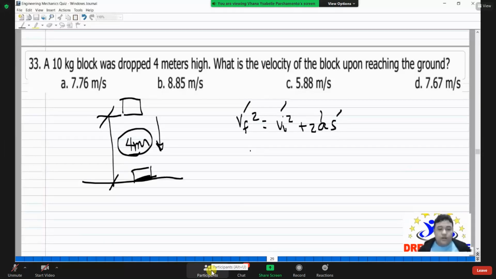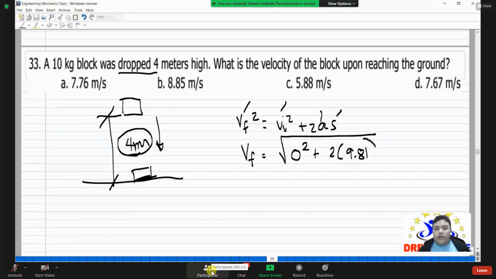So therefore, this is 0. VI is equal to 0. So na-drop siya, so ibig sabihin from rest. So this is 0 squared plus 2 times 9.81 times 4. Bakit positive? Kasi pababa.